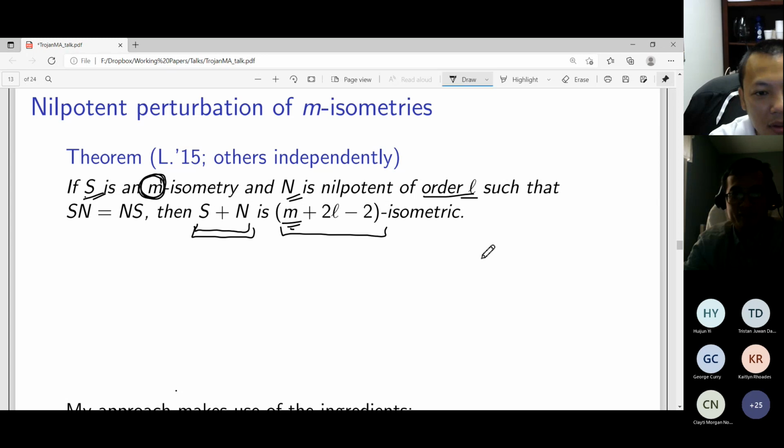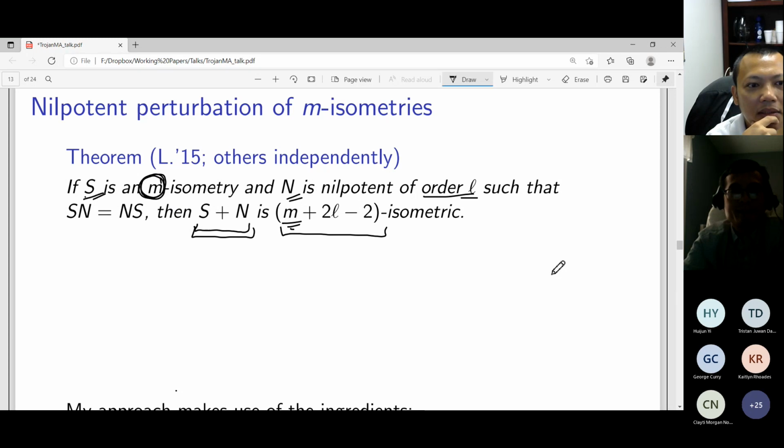I wonder about the condition, the commutativity of S and N. Yes, this condition is very strong. Can we make that a little bit weaker? For example, S commuting with N to the m for some power m.